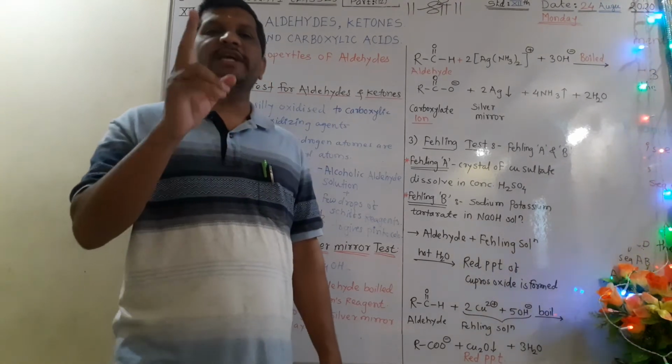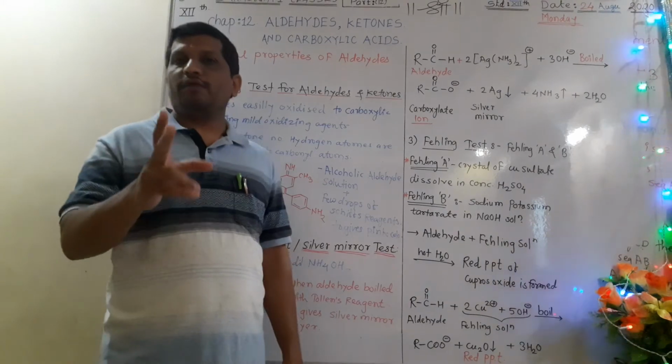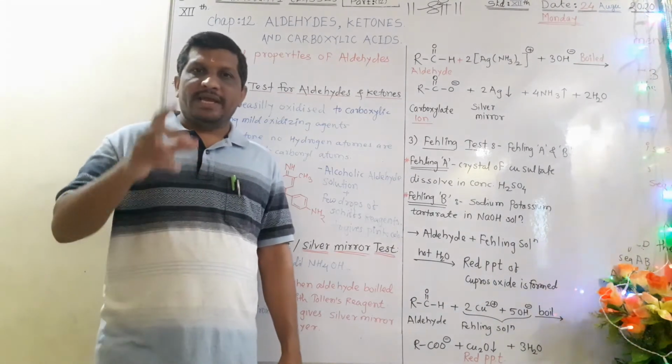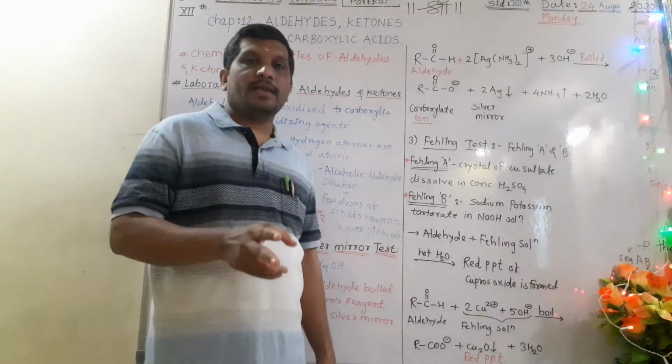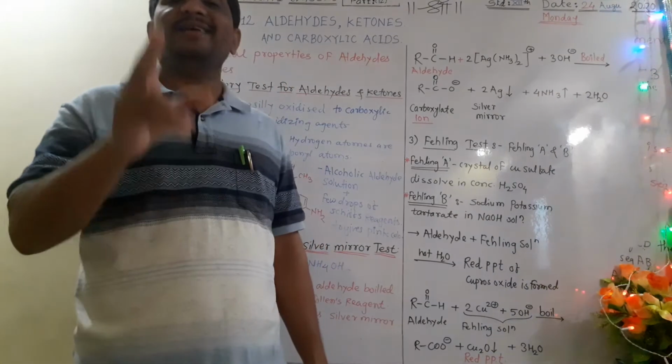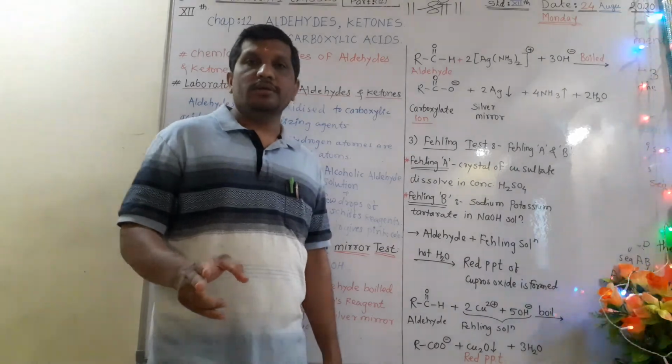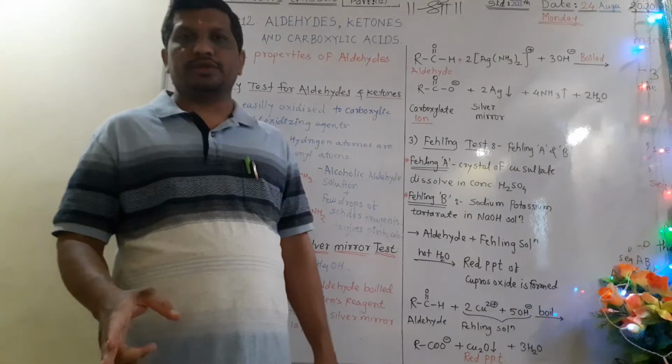Now first is Fehling's solution A. How to form Fehling's solution A? It's very easy. Copper sulfate crystals are dissolved in concentrated H2SO4 solution to form Fehling's A solution.